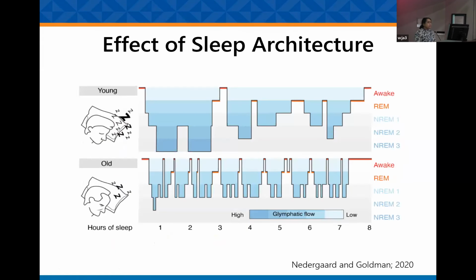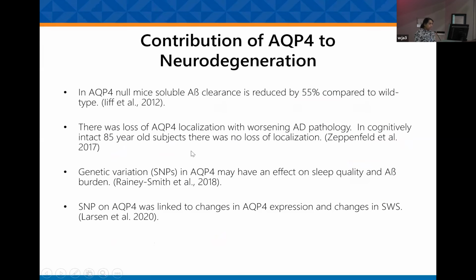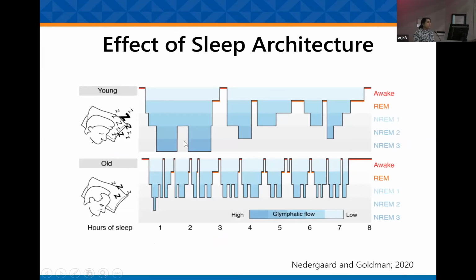So what's the effect on sleep architecture? As I mentioned from one of the previous studies, there is a correlation between lymphatic flow and slow wave sleep. In a younger person, you see better consolidation of sleep, and up front you see slow wave sleep that's not interrupted.